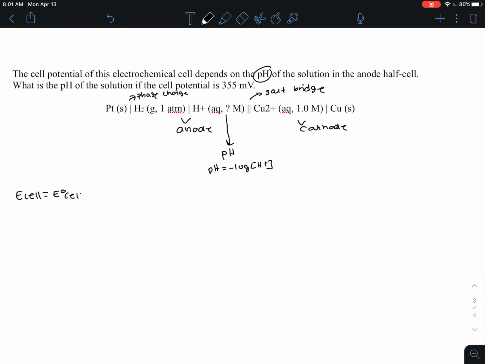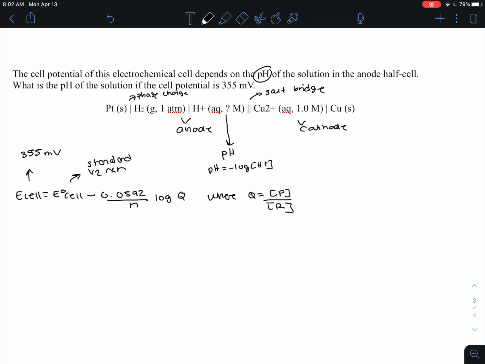So using cell information, I know that my E cell is equal to the standard cell potential minus 0.0592 over N log Q, where Q is the concentration of the products over the concentration of reactants. Okay. So I'm given the cell potential. I have E cell, 355 millivolts is my E cell, my cell potential.